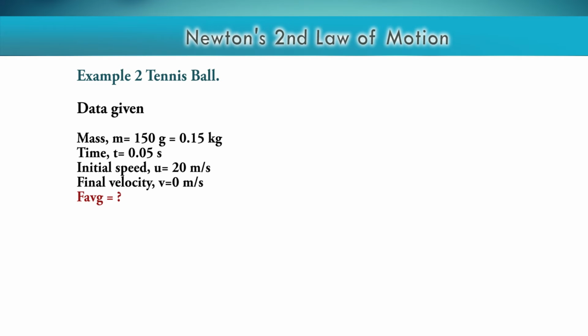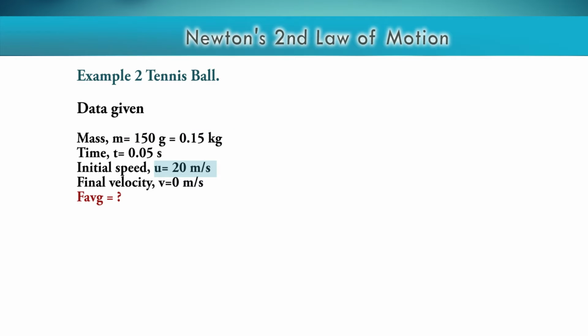Another example: a tennis ball whose mass is 150 gram is moving at a speed of 20 meters per second. It is then brought to rest by a player in 0.05 second. Calculate the average force applied. Here we have the mass of the tennis ball, m equals 150 gram, which is equal to 0.15 kilogram.